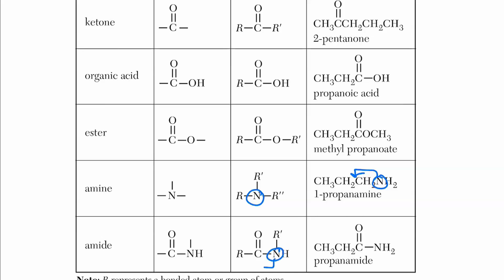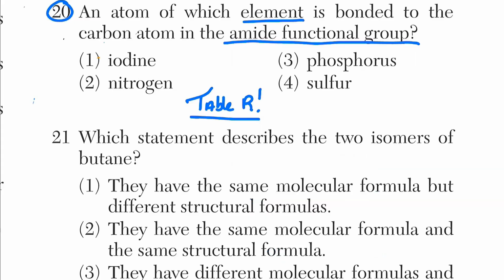Nitrogen is bonded directly to a carbon. They give you examples, guys. So nitrogen is what's bonded to a carbon right from the reference table. All right, so it was an amide, but bottom line is it's the nitrogen. Okay, right from table R. So number 20 is 2.